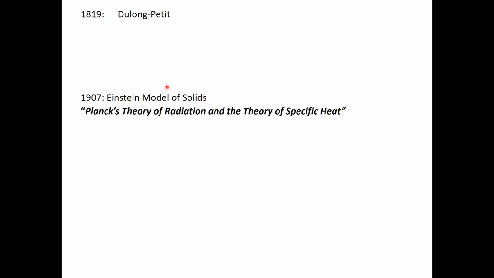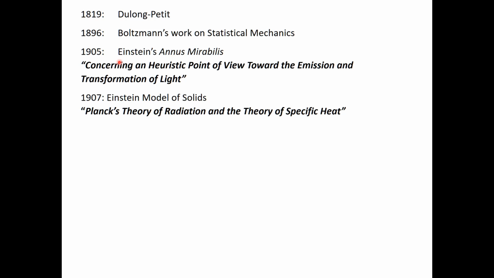And Einstein proposed his model for solids in 1907 in this paper titled Planck's Theory of Radiation and the Theory of Specific Heat. In between this time, in 1896, Boltzmann's work on statistical mechanics is happening. And 1905 is Einstein's very famous year, called his Annus Mirabilis, miracle year.